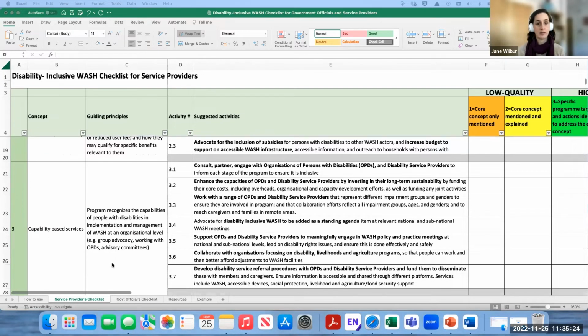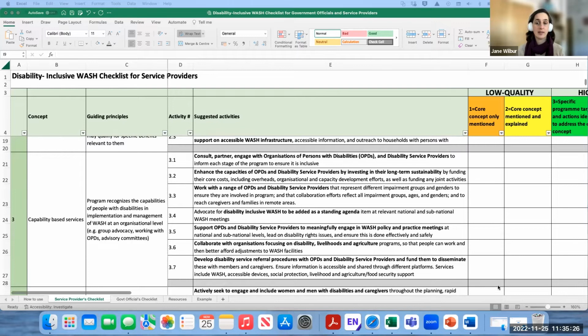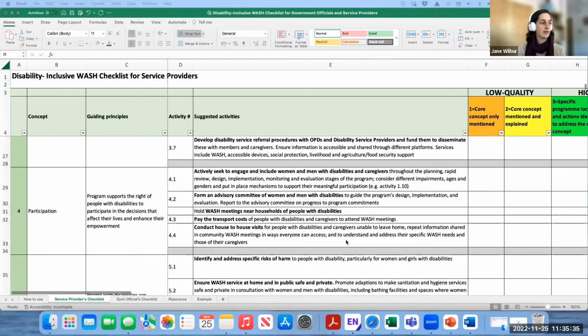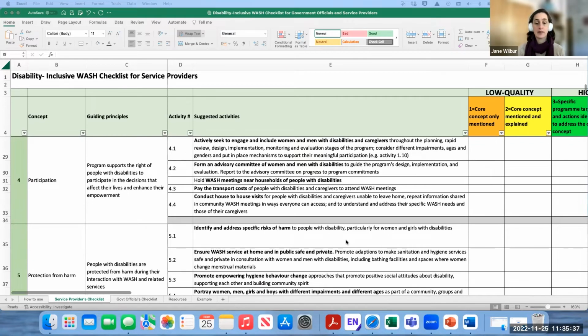Capabilities-based services is about investing in people with disabilities as leaders and partnering with organisations of persons with disabilities. Participation is about empowering people with disabilities and supporting them to influence decisions that will affect them.